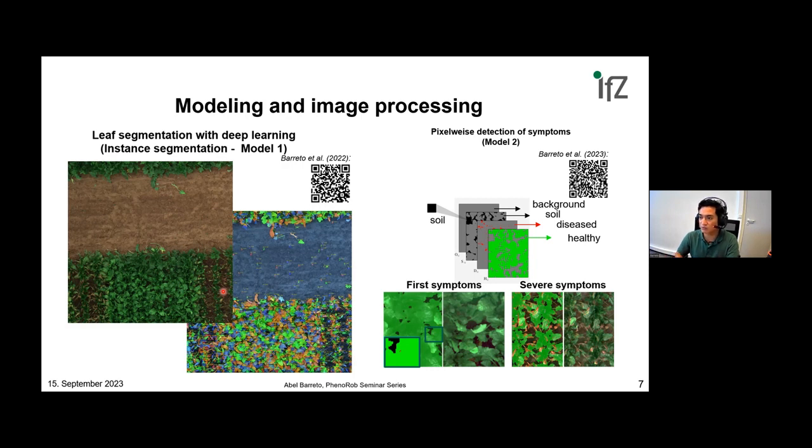This is also a model that can be transferred to semantic segmentation, but until now we didn't have the time to cover this point.